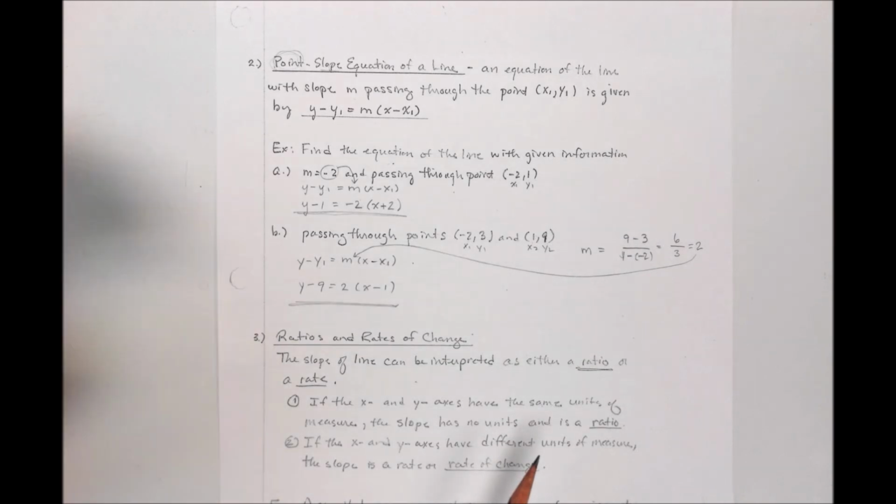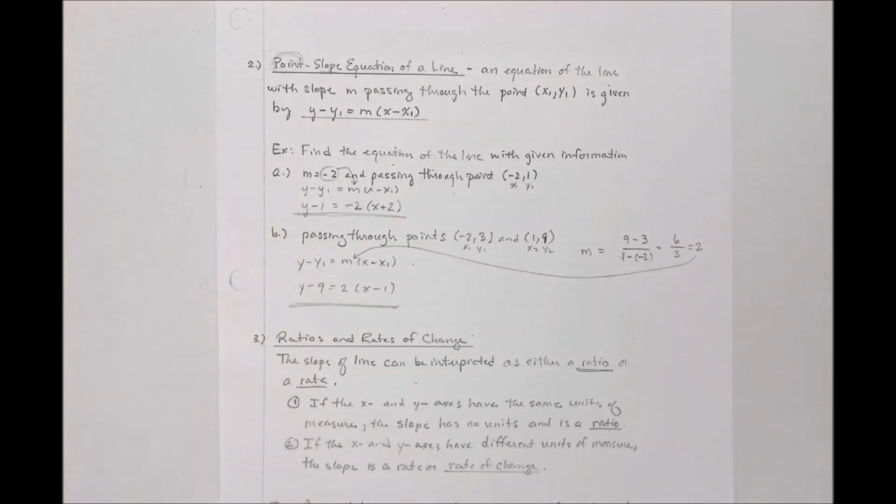All right. Now, slope of a line can be thought of in one of 2 ways. It can be thought of as a ratio, which is the way that I typically think of it, or it can also be thought of as a rate, and the rate typically comes into some of the application problems. So we'll do an example here in just a second. Now, how can you tell if it's a ratio or if it's a rate?